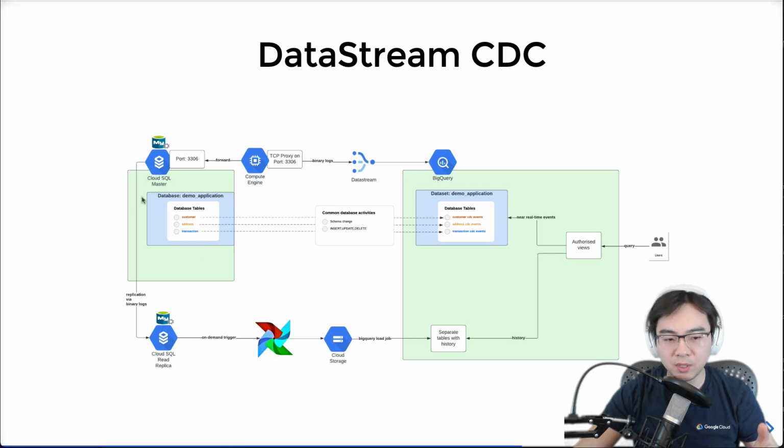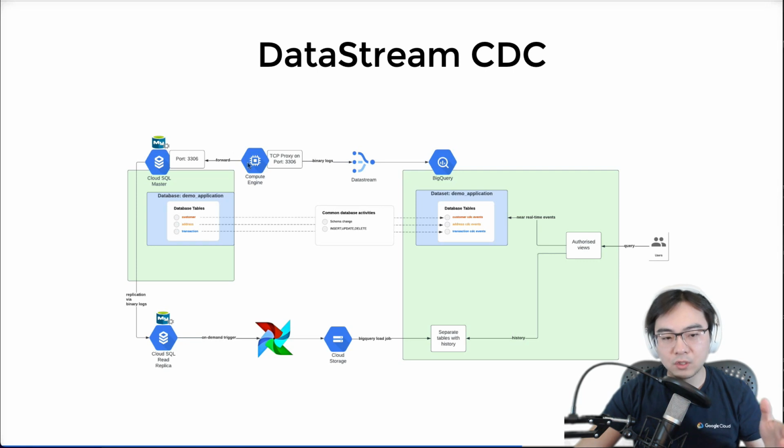This is the application, with a single database, maybe a few tables. The next bit is, in order to connect Datastream into Cloud SQL, you cannot do that directly. I'll come back to explain that in a little bit, but let's go through the whole solution first. So you would need a TCP proxy to forward the connectivity request, because you cannot connect to it directly.